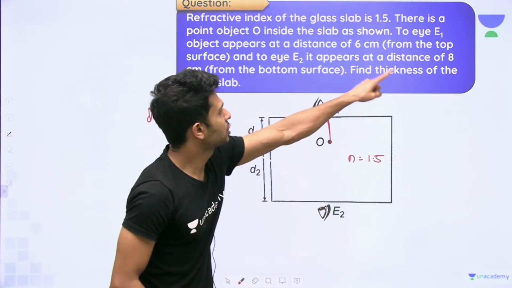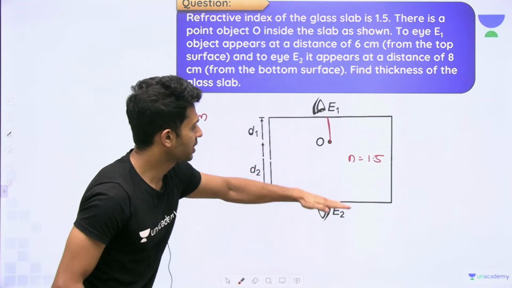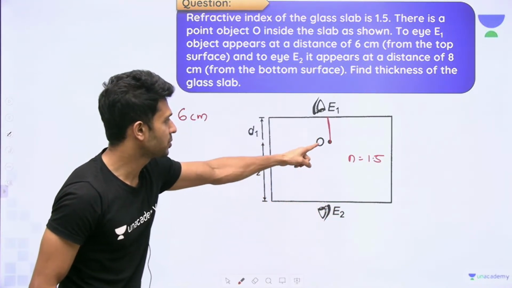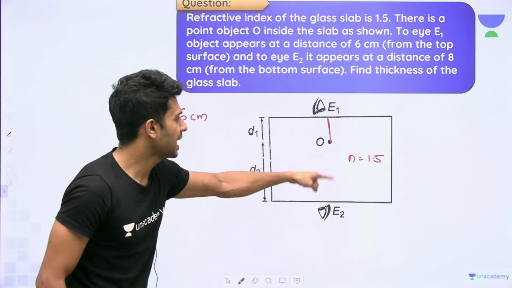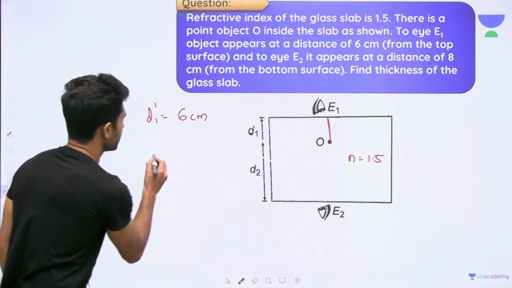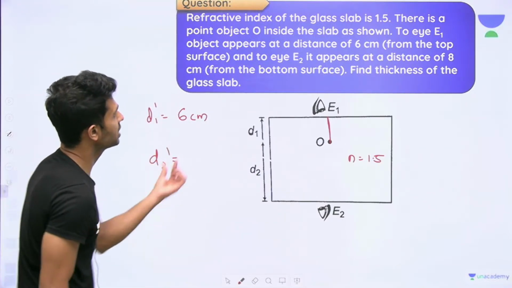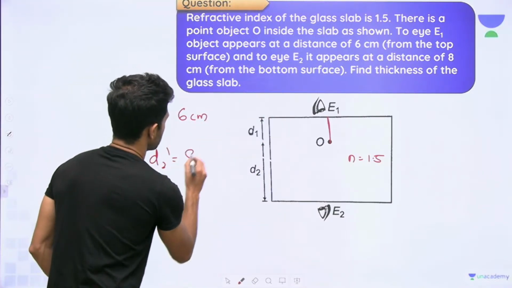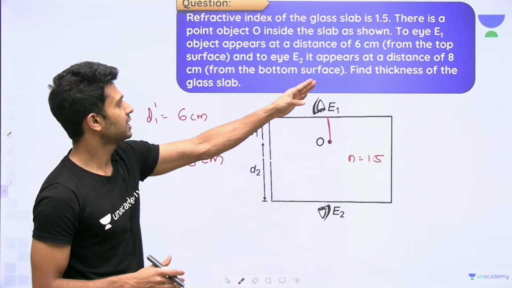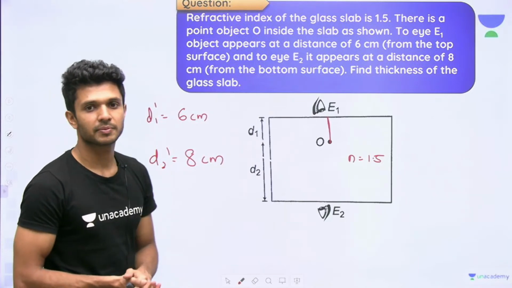It appears at a distance of 8 centimeter, which means if a person is looking from the opposite side to the same object, he is able to see it at a depth of D2 dash. है ना? D2 dash will be equal to 8 centimeter. ठीक है. Question is, find the total thickness of the glass slab.